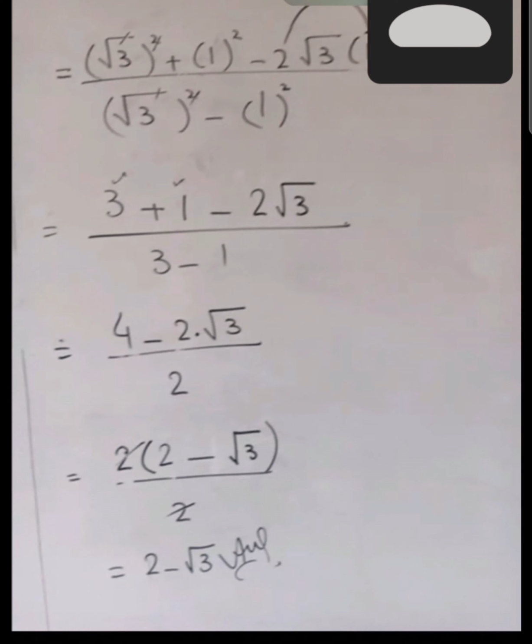Question number 2: find the conjugate of x plus under root y. X plus under root y means they have generally taken them as variables, but in the question they are numbers. We have already done conjugate in question number 1.